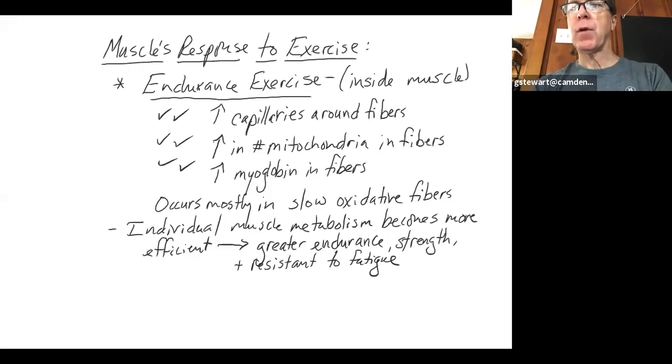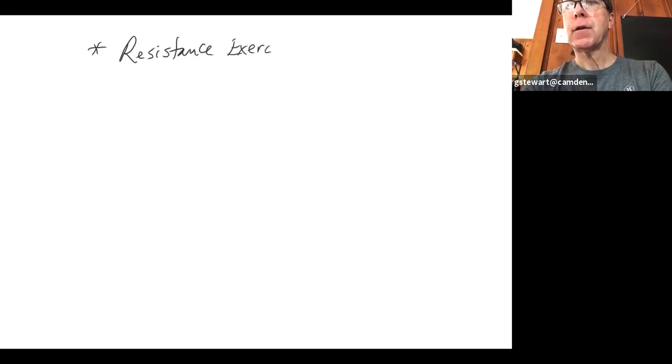Now I'm just going to reiterate what happens during resistance exercising. So I'm going to lay over this for our last page. I'll put a star here since I did on the last one. And you can guess what's coming. I mentioned it yesterday when we talked about the different fiber types.